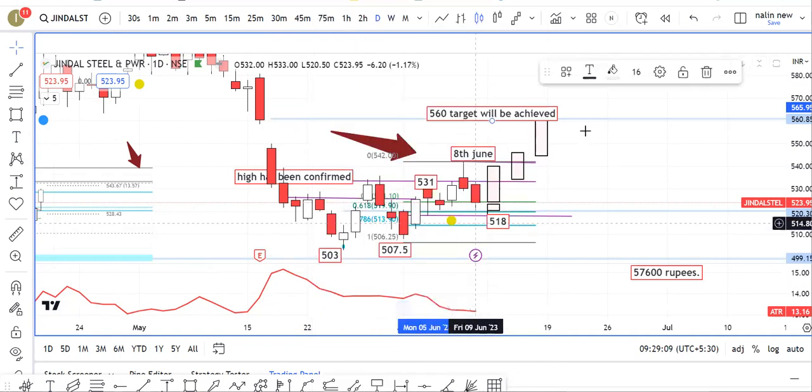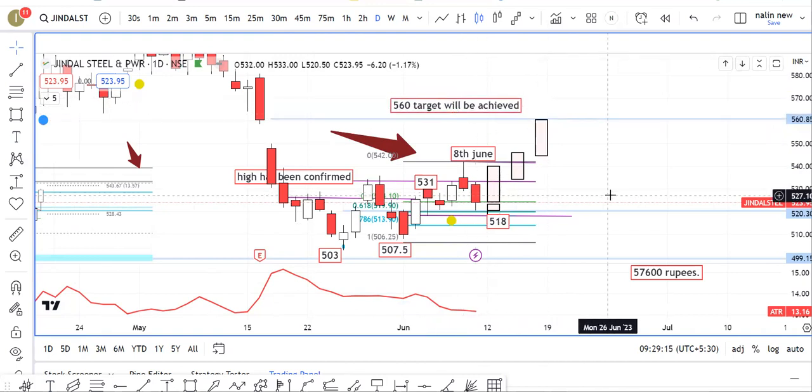Once it comes to 550, he will get a price appreciation of around 24 rupees. That's what I've calculated, that till that time he needs to be patient. That is 8 rupees gain per lot, so 24 rupees gain in total.